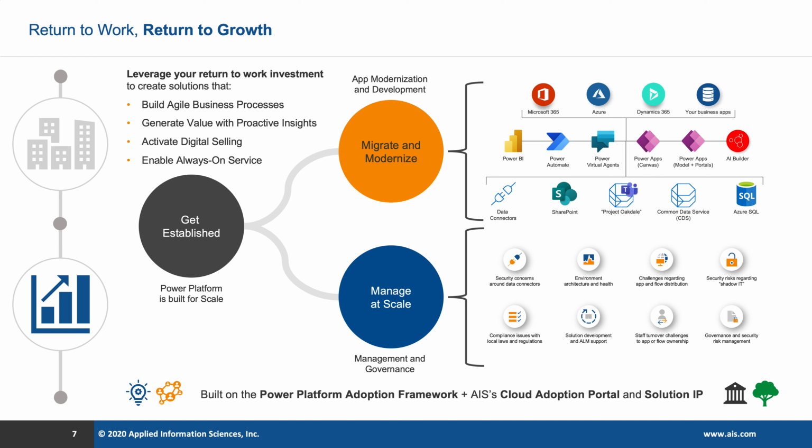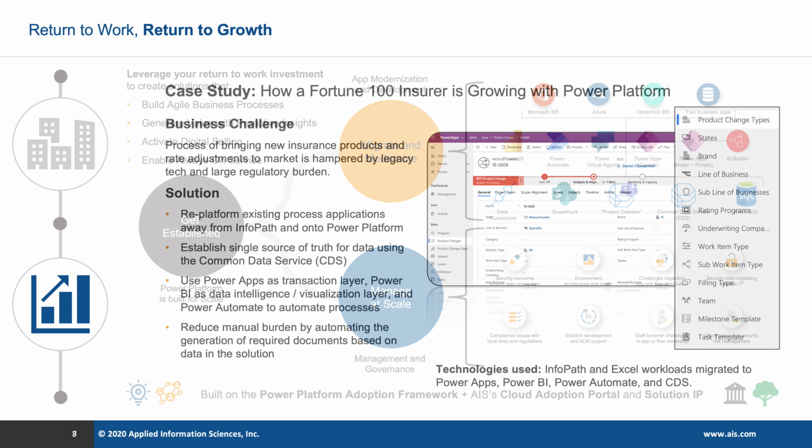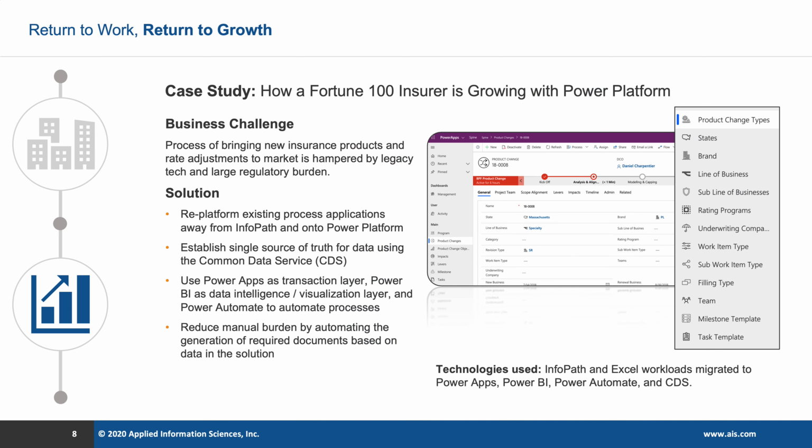So I'll close out here by sharing a quick case study. This is a case study from a Fortune 100 insurer, and what they're really doing is using the platform to make and facilitate product changes and rate revisions in the market. That's both a very heavy analytical task, but it's also a very heavy regulatory burden as you introduce or make changes in financial services products in whichever jurisdictions you do business.